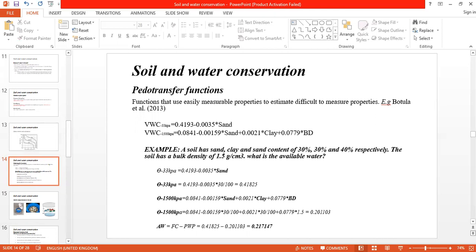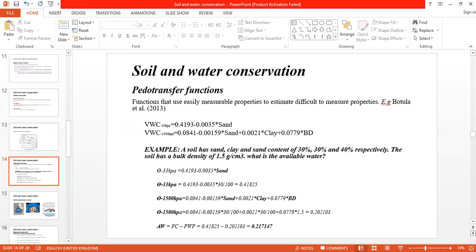So what pedotransfer functions do is estimate the working point and field capacity based on easily measurable properties, for example, clay content or sand content. If you know the sand content, you can estimate your field capacity and your working point.